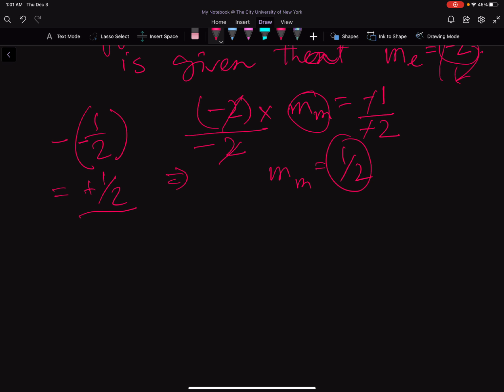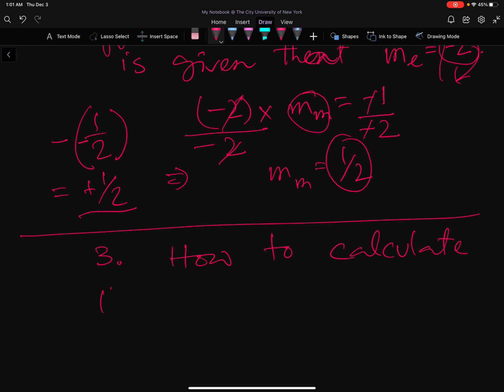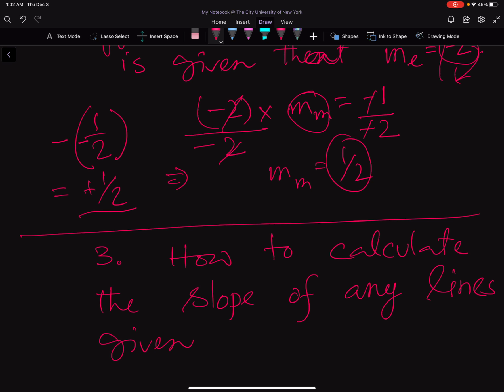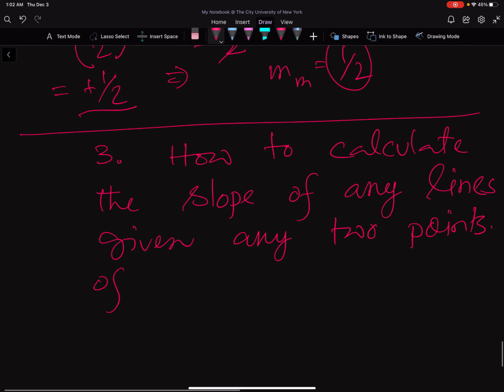And we have also learned how to calculate the slope of any line given any 2 points of the line.